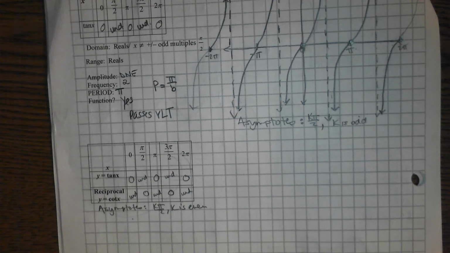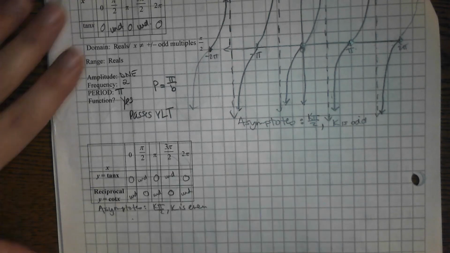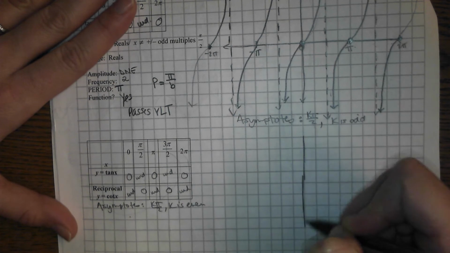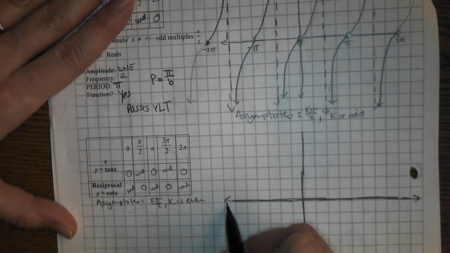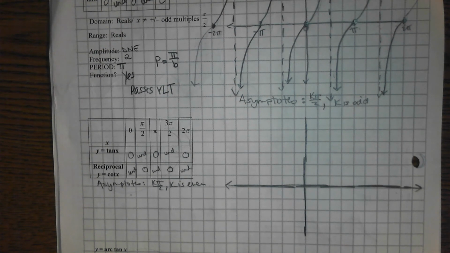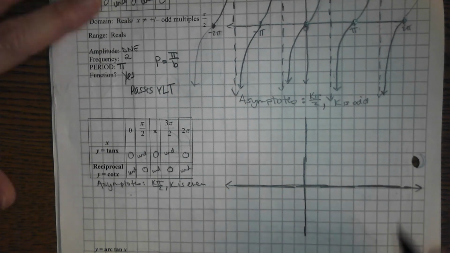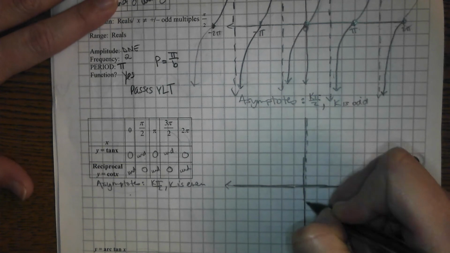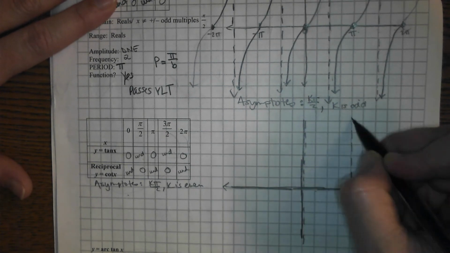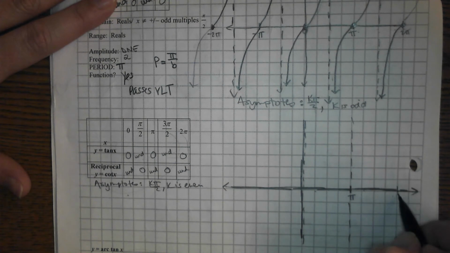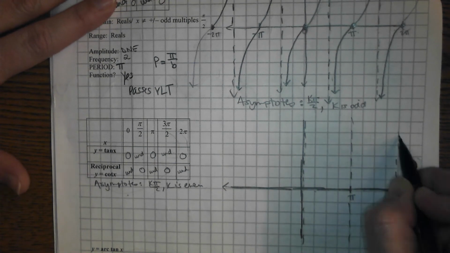So 2 pi over 2, 4 pi over 2. Essentially, your asymptotes and your zeros just flip-flop. So when I set up my cotangent parent graph, rather than having asymptotes at negative pi over 2, pi over 2, my asymptotes are going to be at 0, pi, 2 pi, all the whole number pi's.